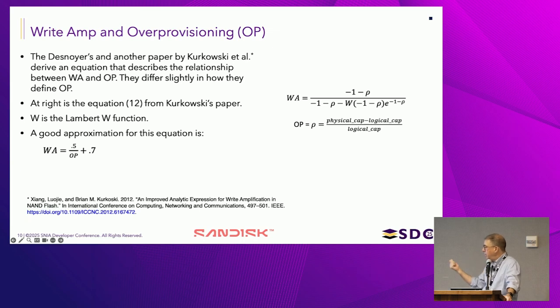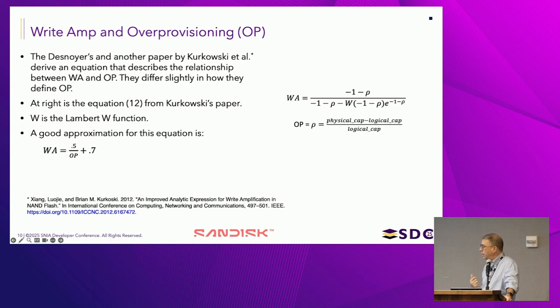But anyway, he gives this complex equation that uses something called the Lambert W function. This will give you an exact relationship between write amp and overprovisioning. But there's also an approximation that we use, which is fairly close in the regions where we typically have overprovisioning, and that's write amp is equal to 0.5 over OP plus 0.7.